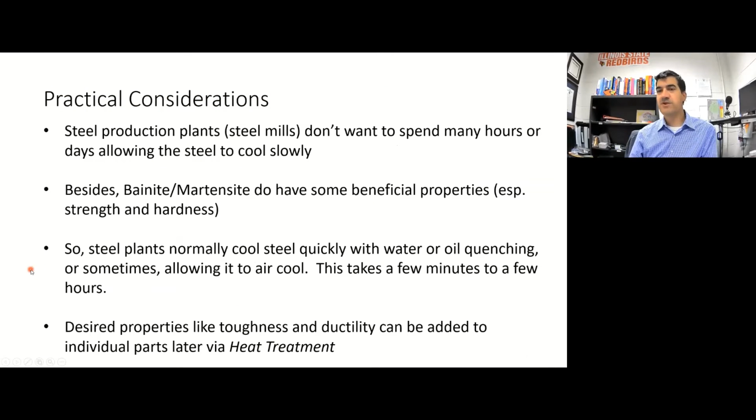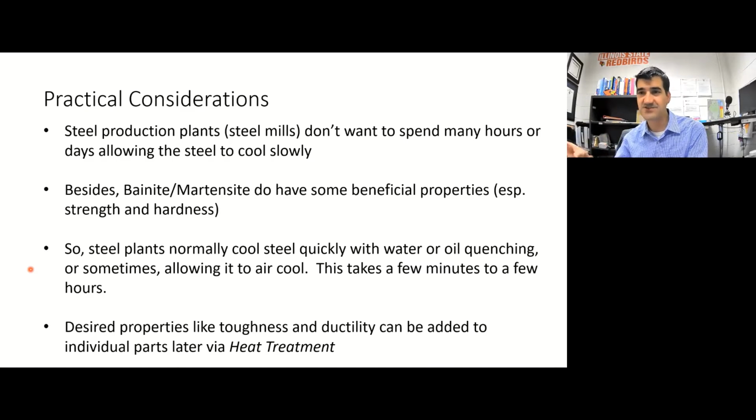All right, a few notes to think about. Think about your steel production facility, like we talked about a few weeks ago. They're trying to crank out as much steel as they can, right? They're trying to produce a bunch so they can sell as much as they can. And the fact of the matter is, they don't want to be spending hours to days slowly cooling down the steel they produce.